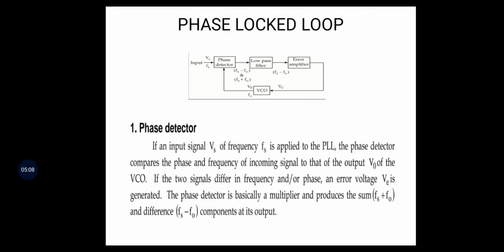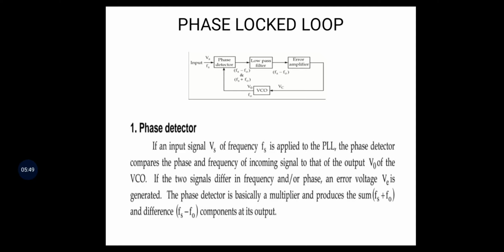The phase detector is basically a multiplier and produces the sum Fs plus F0 and difference Fs minus F0 components at the output. Here the inputs to the phase detector are Vs with frequency Fs and the voltage controlled oscillator output V0 with frequency F0. It multiplies the two signals, and an error signal is generated.